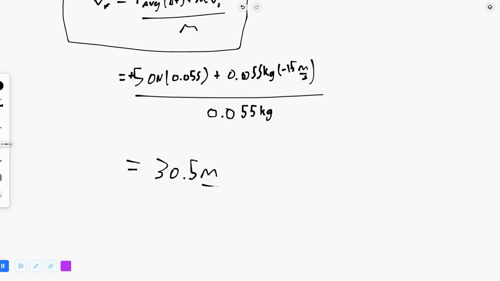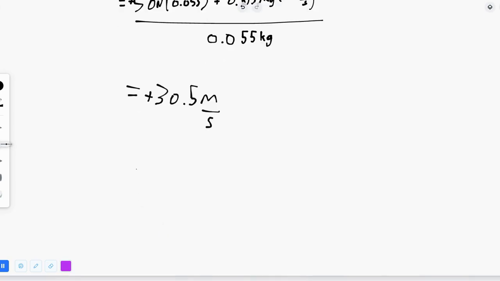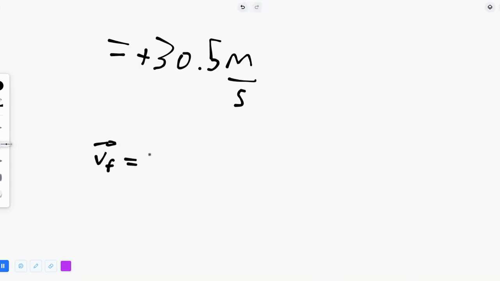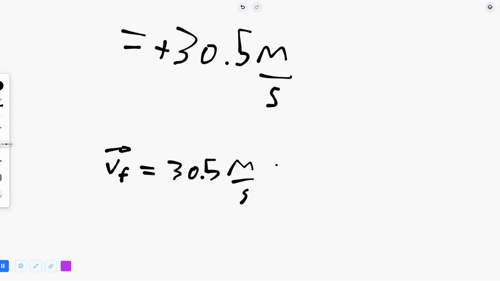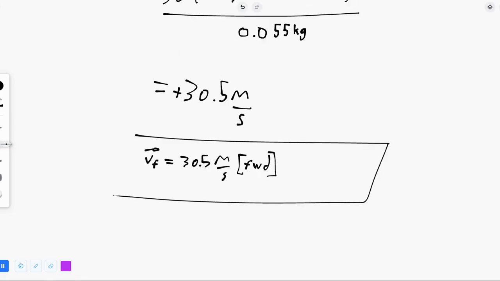And then our answer was positive, which means our final answer, so VF is going to equal 30.5 meters a second, and then forward. There we go. And that's our answer.